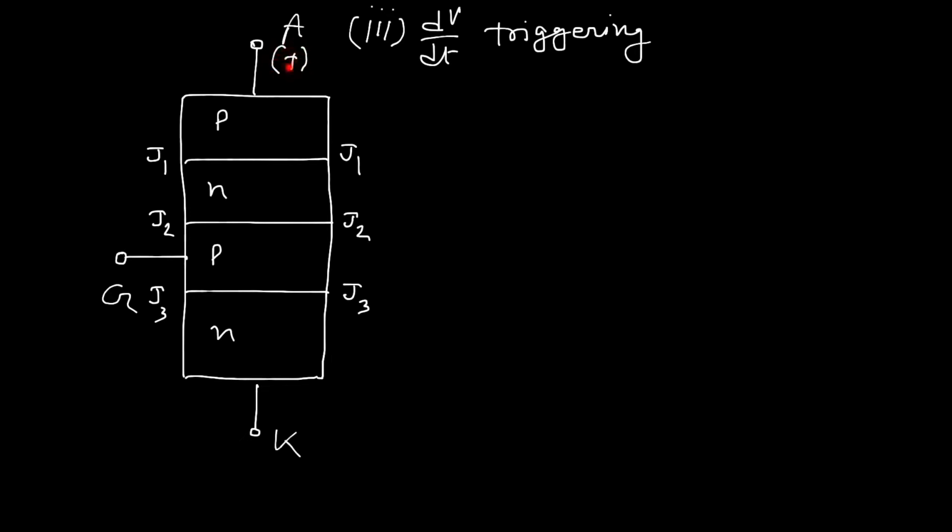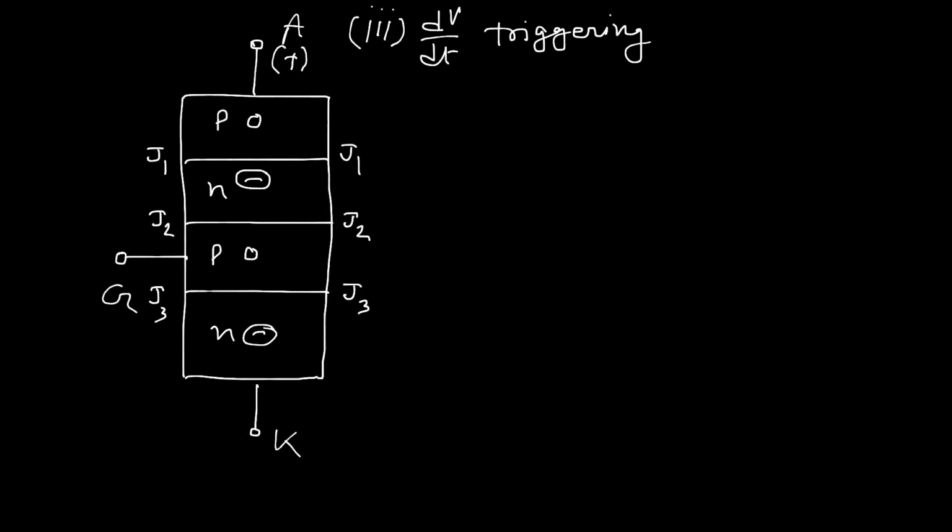Suppose we are increasing the anode voltage very fast or very frequently. That means there is a tendency of a capacitive effect across junction J2. How is it possible? We know the majority carriers of the P layer are holes, and the majority carriers of the N layer are electrons.